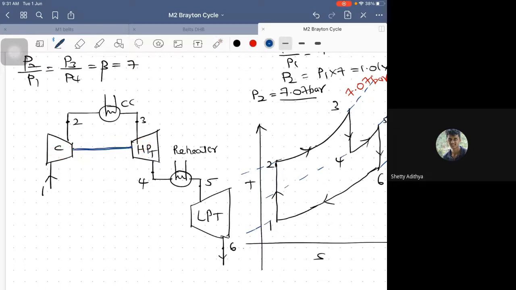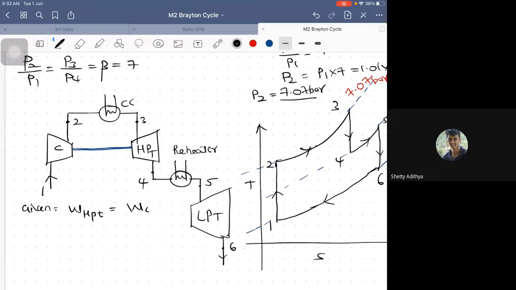So can I say that the output of the HP turbine, that means work done in an HP turbine, is equal to the compressor work? Can I say whatever the work output generated by the HP turbine is grabbed by the compressor?